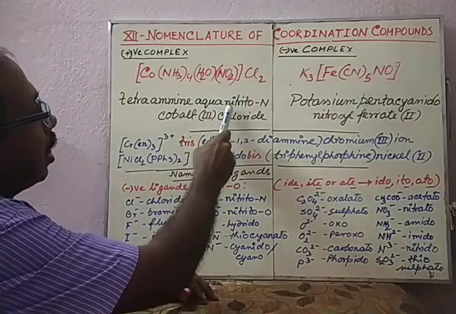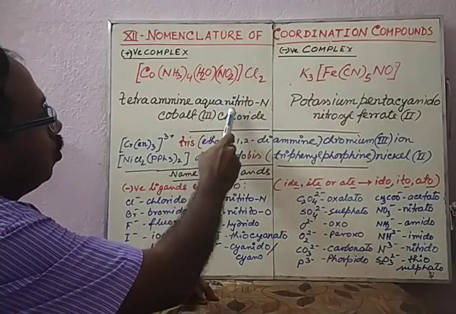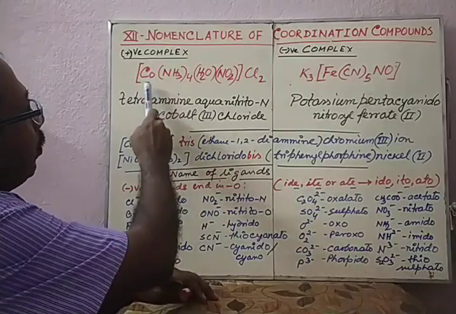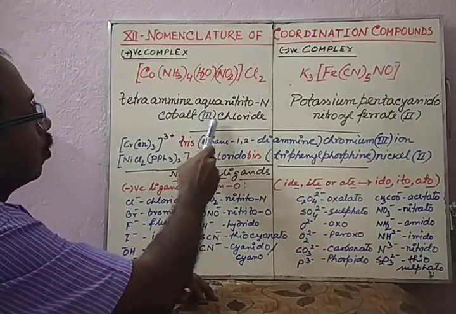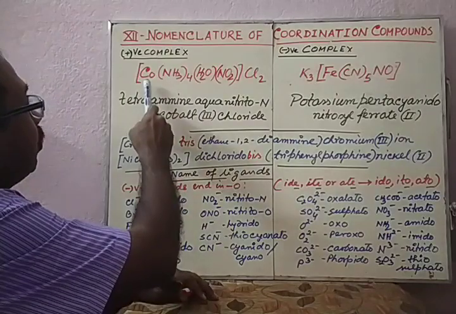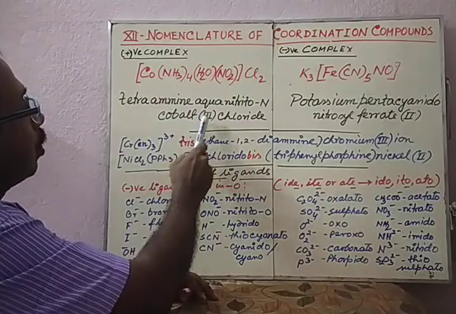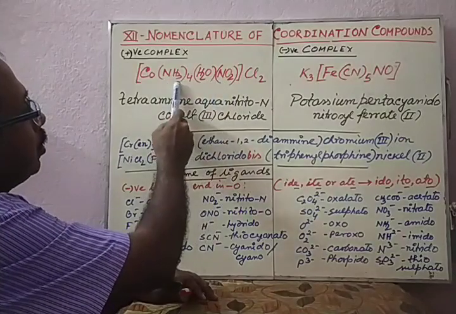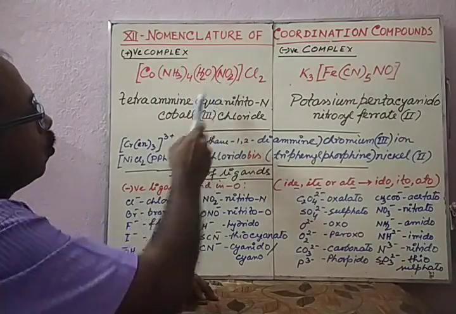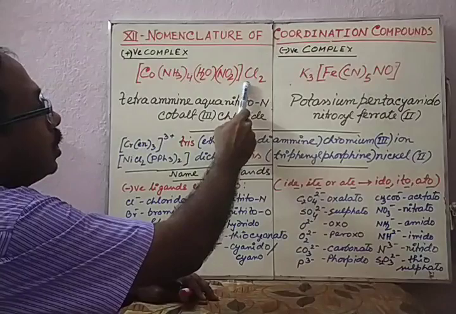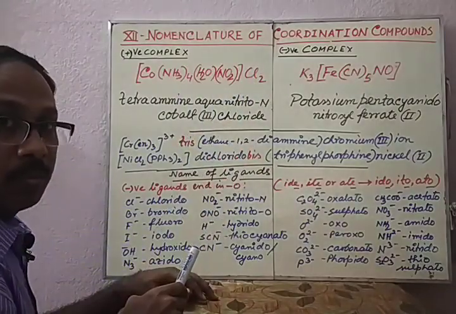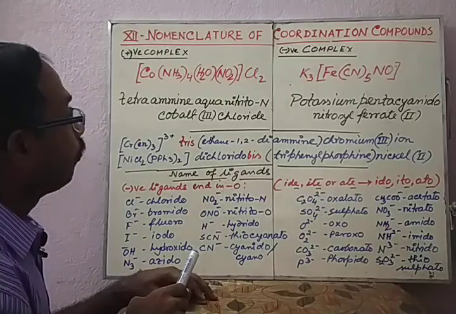And then nitrito-N, NO2, nitrito-N, cobalt, that is the name of the metal, and then the oxidation number of this metal is 3, because in the complex, you find that this is neutral, there is an NO2 minus ion and 2 Cl minus ions. So in total there are 3 negative ions.